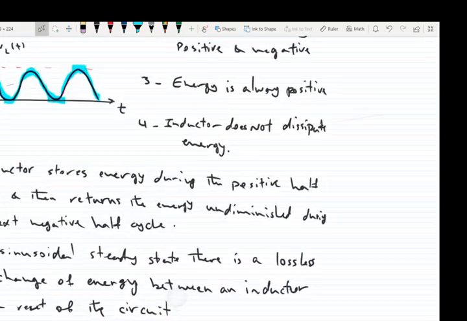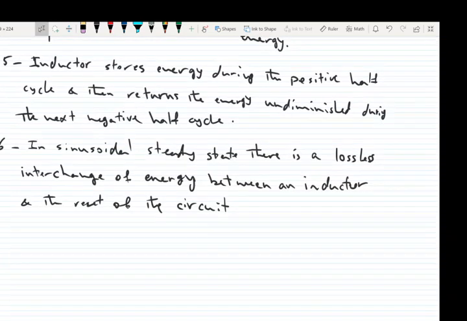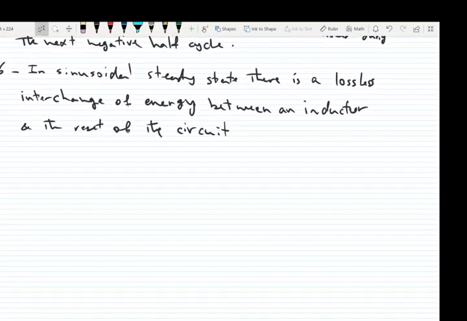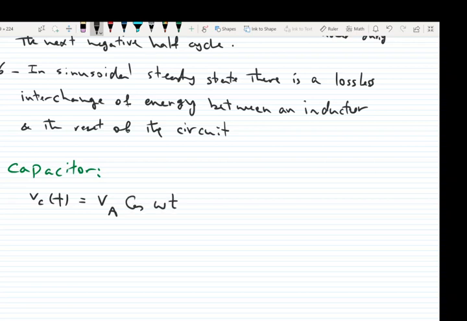Okay, so let's move on and discuss the energy and power in a capacitor. For a capacitor, we know that the voltage across a capacitor in a sinusoidal steady state circuit is VA cosine of omega t.